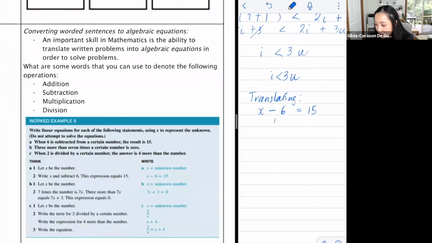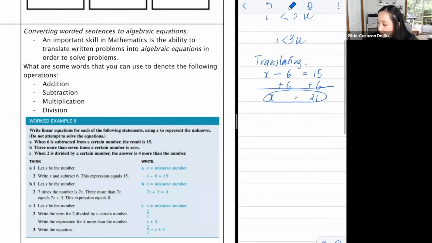We can solve that. We say we add 6 on both, right? And therefore we get X equals 21. And therefore you say the unknown is 21. Okay, let's have another example. It says here, let 3 more than 7 times a certain number is 0.